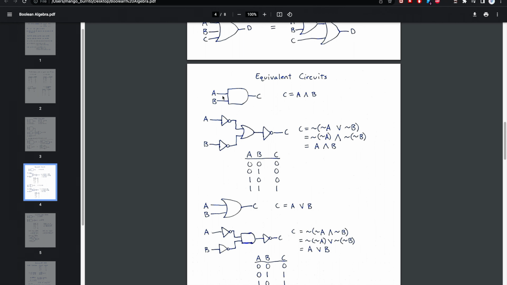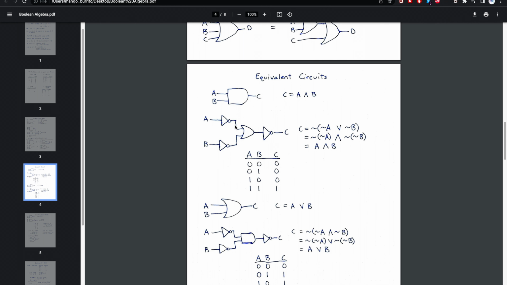Okay, here's some more equivalent circuits. This is A and B. This can be rewritten using not operators. Maybe it's better to look at it written first. So this is A and B at the bottom right here. Now we can change this to not A and not B, and you can also write it this way: not A or not B. This can be expressed with gates and operators right here.